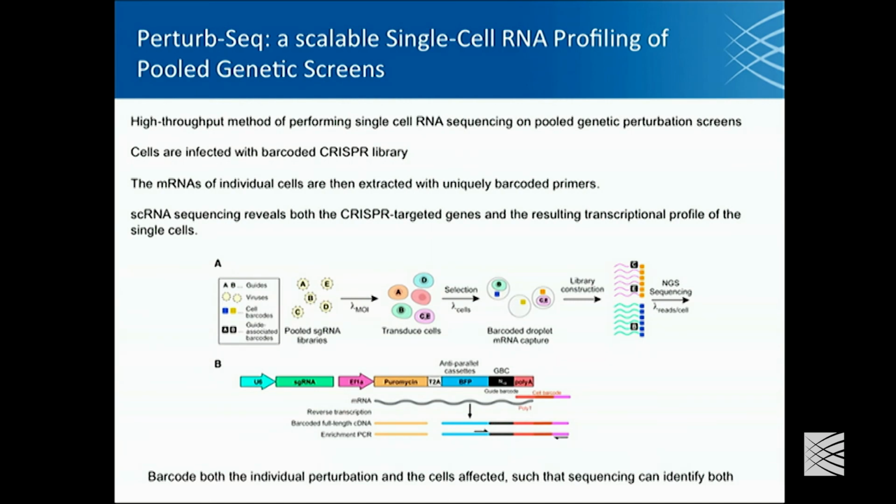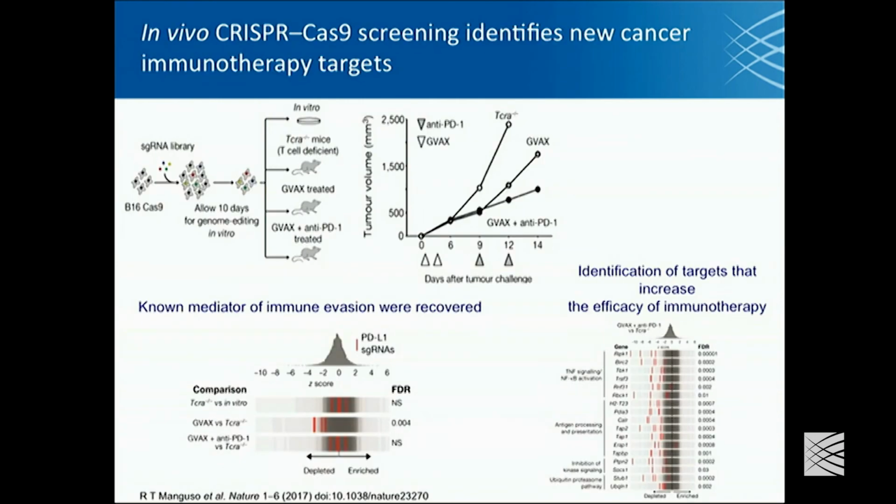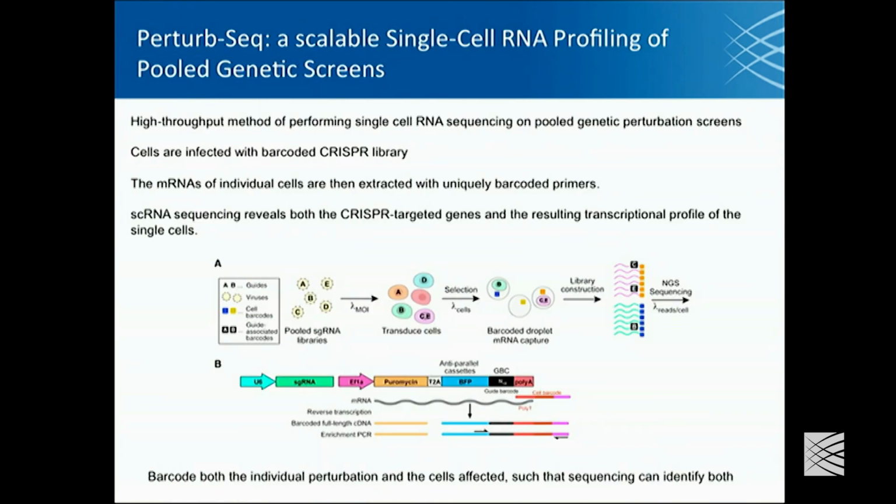As you probably know, you can also do Perturb-seq using a pooled screen, where you combine CRISPR technology with single-cell RNA-seq as a readout. You infect the cells with a barcoded CRISPR library. The mRNA of the individual cells is then extracted with uniquely barcoded primers.